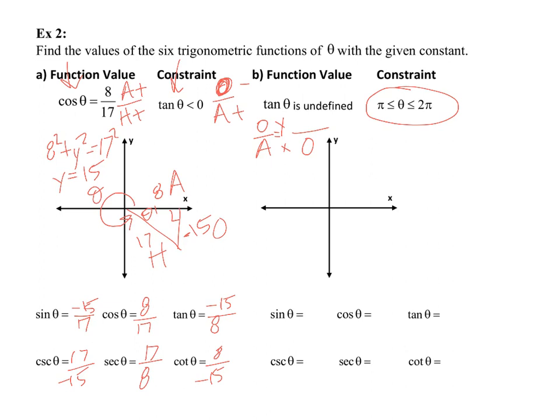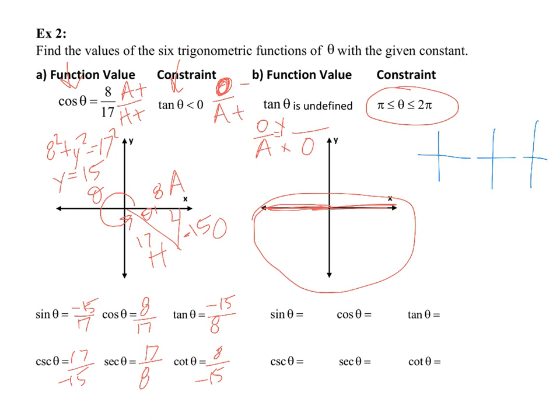Wherever my terminal side lands, it's going to land between pi and 2 pi. Here's pi, here's 2 pi. It's going to land somewhere in this region. Where is it going to land? Well, x is 0. I gave you an example like this before.